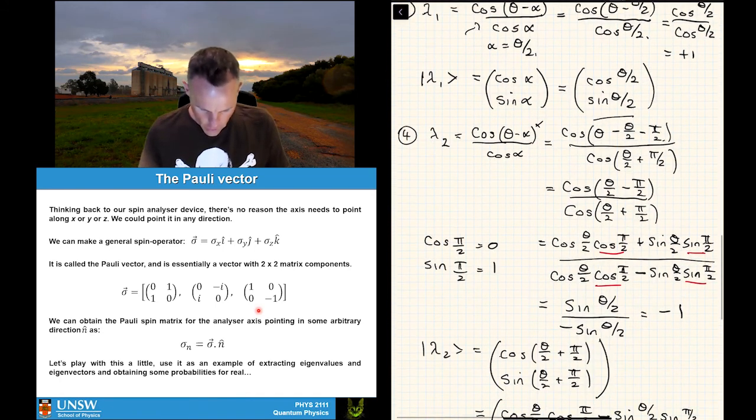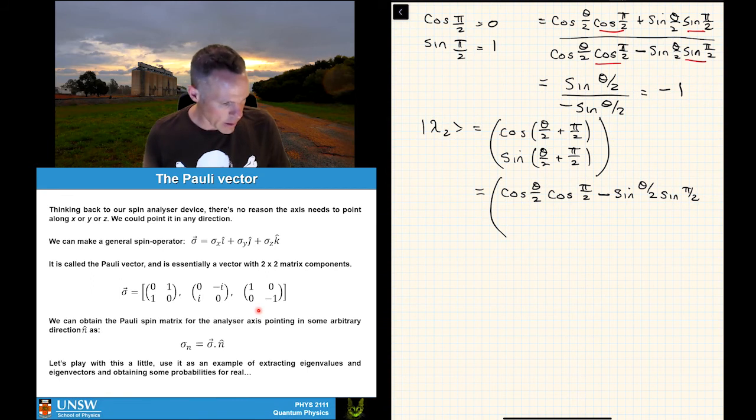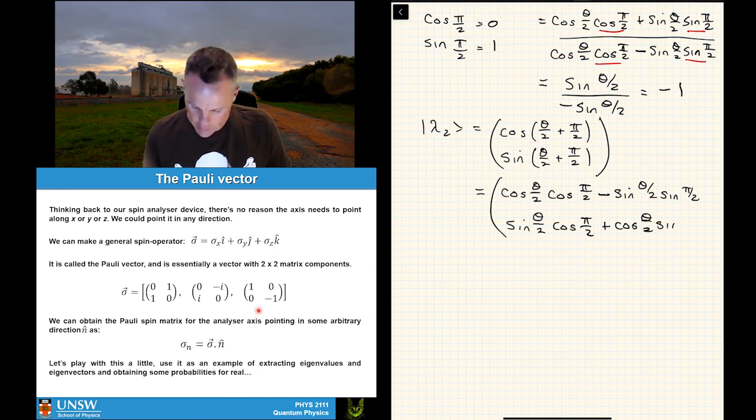Okay, so if we come back down to here, we get sine theta on 2 cos pi on 2 plus cos theta on 2 sine pi on 2. Let me just clean this up because it's pretty sloppy in here. Cos theta on 2, like so.